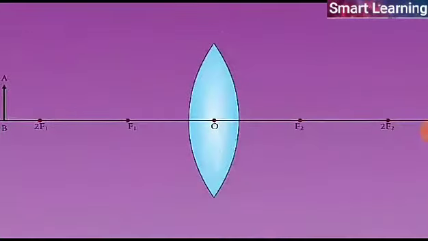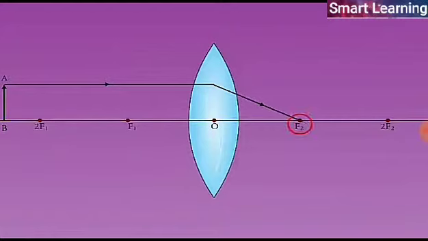When the object is held beyond 2f1, a ray of light starting from the top and incident on the lens in a direction parallel to the principal axis of the lens, on refraction passes through second principal focus f2 of the lens.